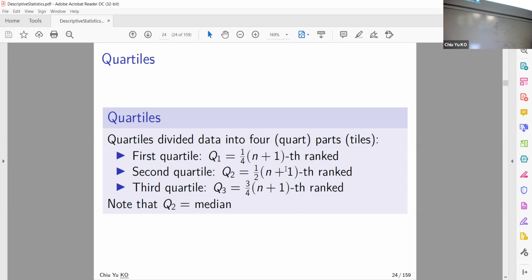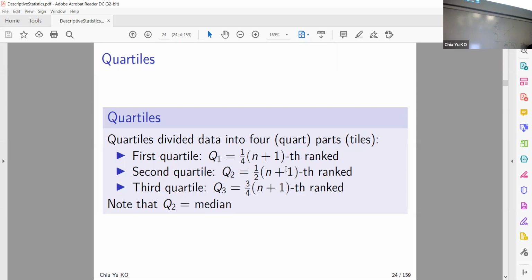The median is x 3.5, but what is x 3.5? It doesn't exist, right? What we want is halfway between x3 and x4. So that is the idea, we're doing a halfway, okay?